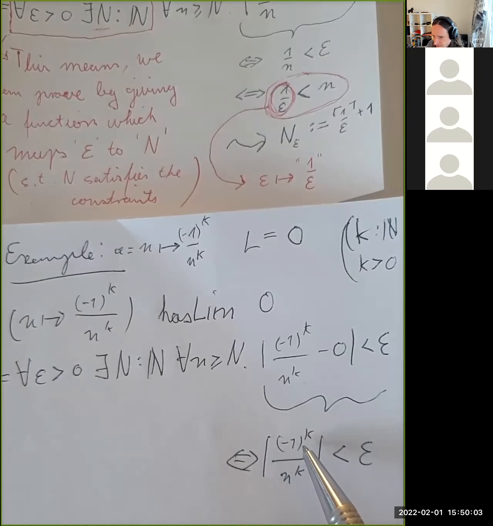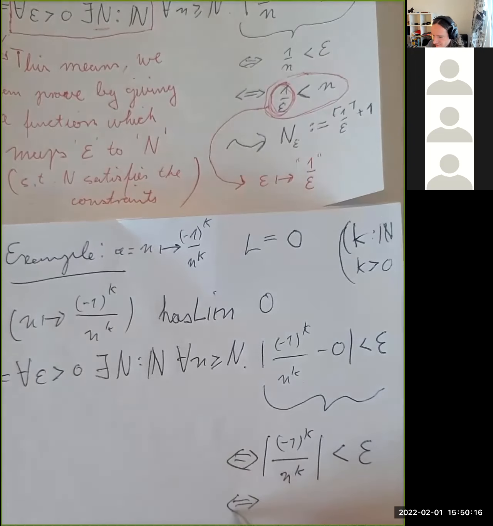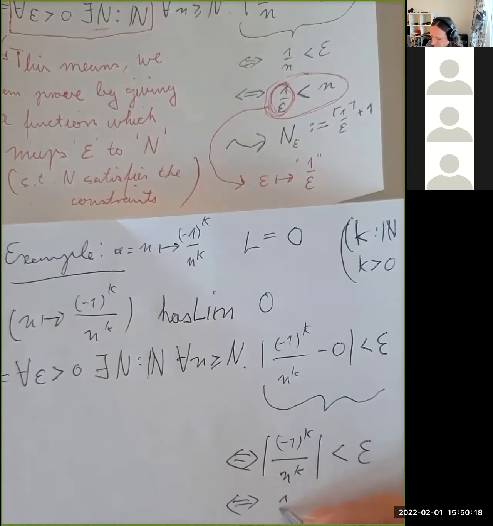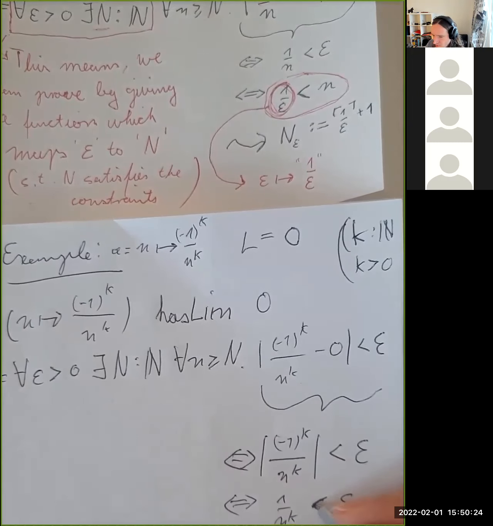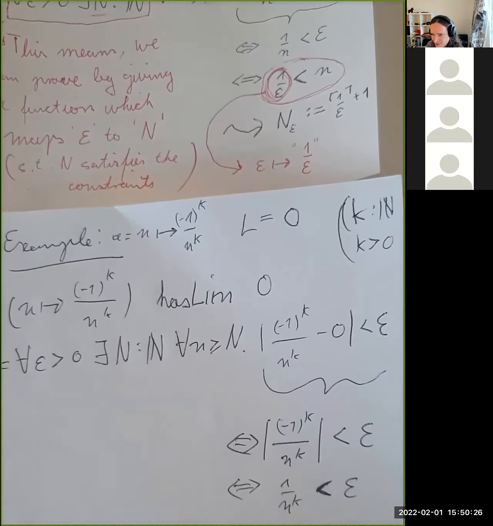So it just makes the whole expression either negative or positive, and the absolute value removes this again. So we can forget about it. It's equivalent to this. Okay, so let me know if you want a more formal way to prove this.